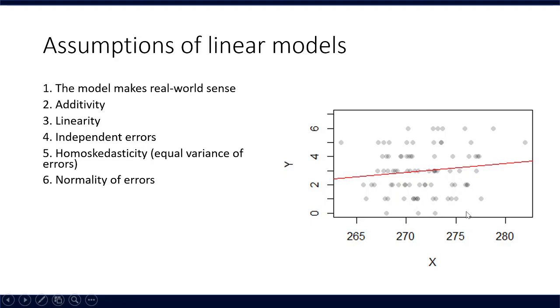If we've got heteroskedasticity like this, we're violating the assumption of a linear model. And finally, the sixth assumption, and perhaps the least important, but still important nonetheless, is that our model should have normally distributed errors. So not only should those errors be uncorrelated to each other and independent, not only should they be evenly distributed consistently along the predictor variable, but they should be normally distributed. Now in this plot, what I'm showing you are errors that look like they might be independent.